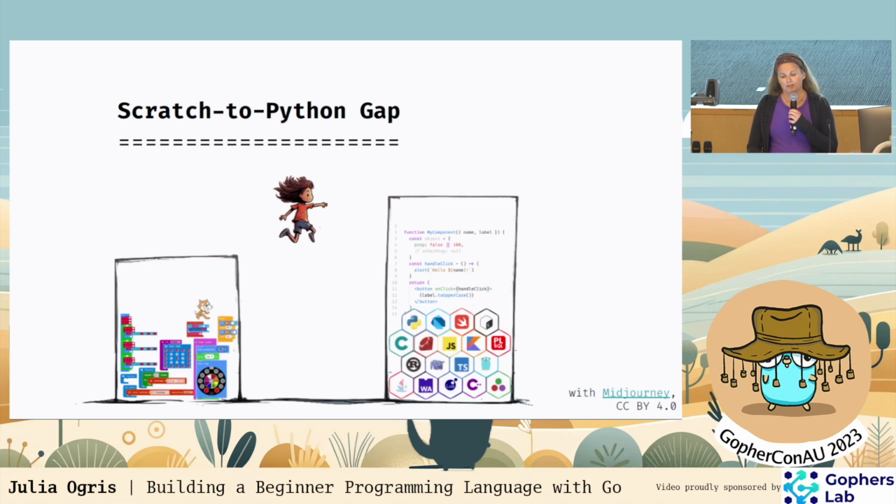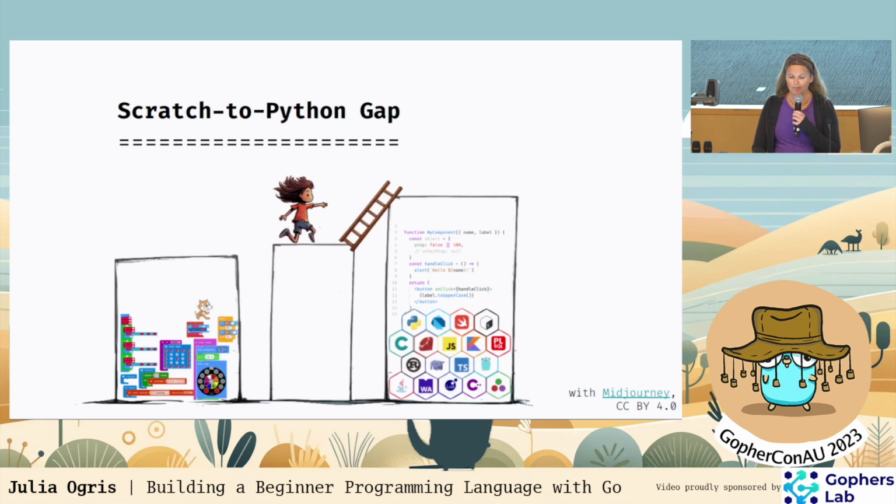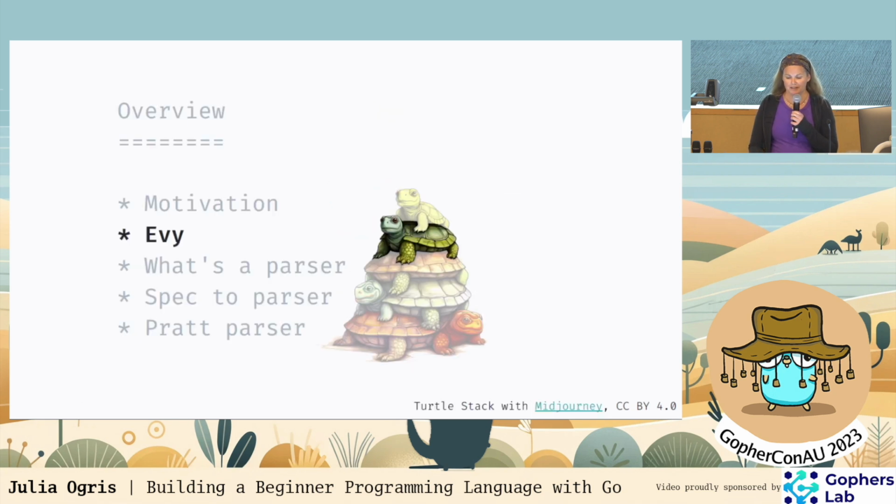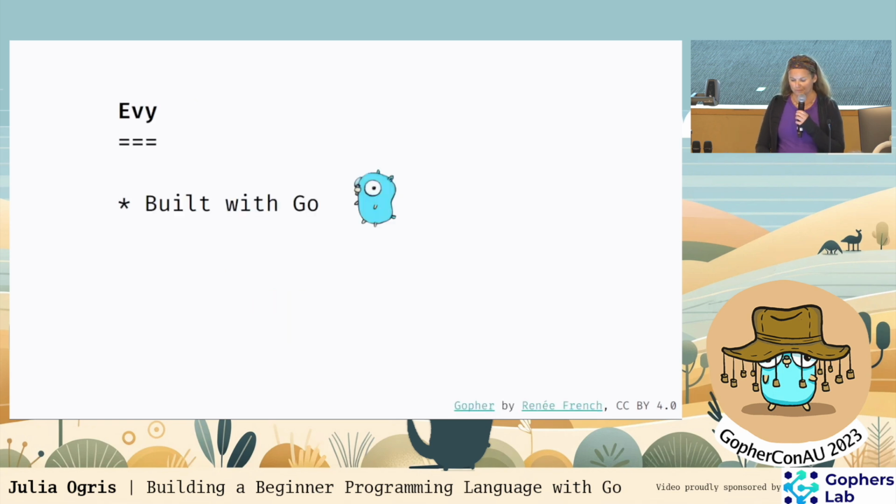So I have noted with my kids, like others before, that there seems to be a big gap between block-based coding and conventional programming languages. So I've tried to put something in there. It's a programming language called Eevee, and it's written in Go, and it's been very much inspired by Go.